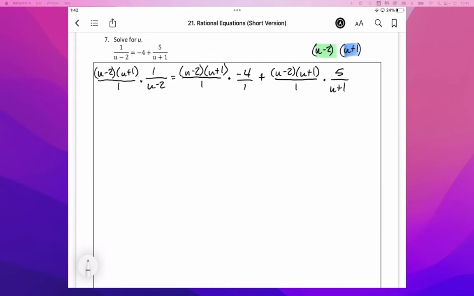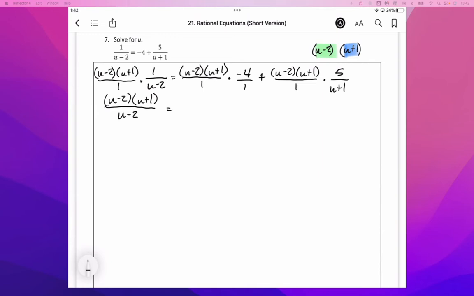I know this is really long, nothing really hard going on here, but basically we're just multiplying each term by that common denominator. So u minus 2 times u plus 1 times 1 is the same thing, u minus 2 times u plus 1 over u minus 2.